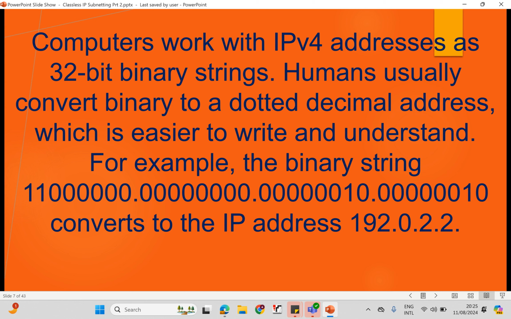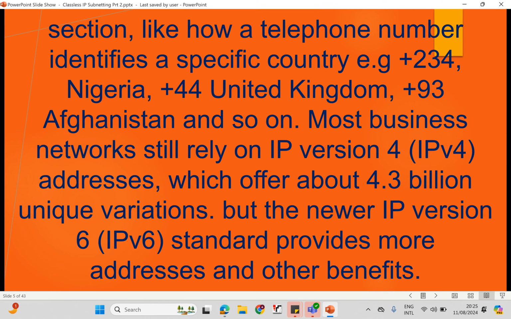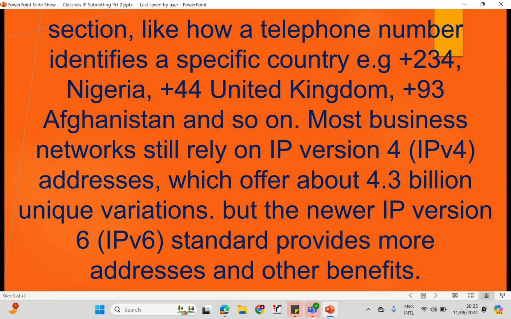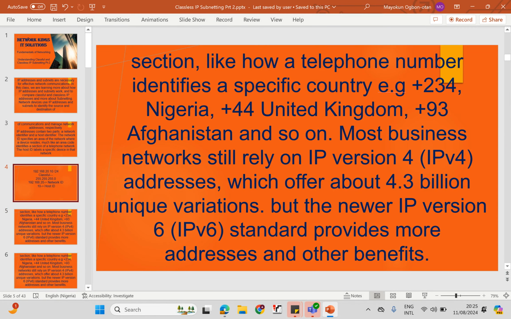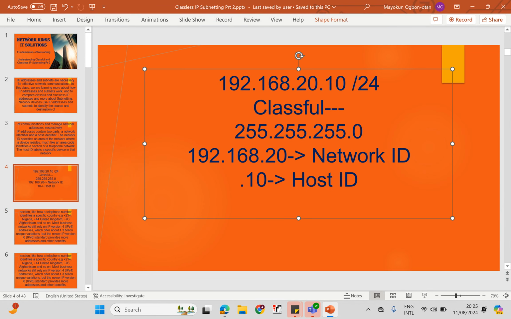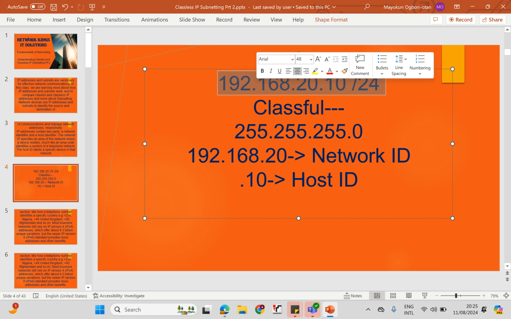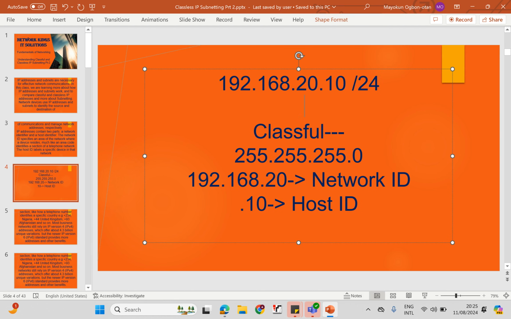I've explained to us before that the 192.168.20.10 we are looking at here is not what the computer understands. What the computer understands is binary, in 8-bit groups separated by dots.